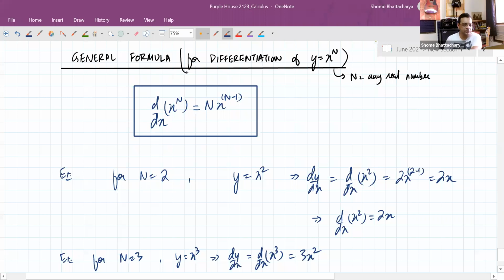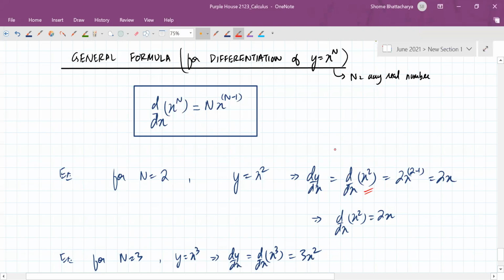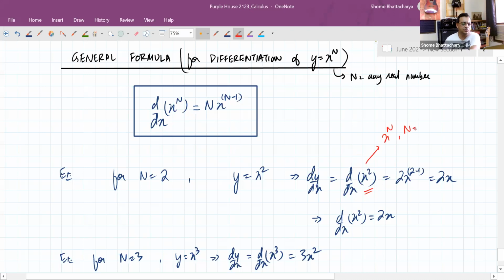From y equal to x square, dy by dx is the differentiation of the function x square. Now x square, if you compare it with the general formula, it is x to the power 2. In the general formula, what is the power of x? It is n. So this term is x to the power n, where n is equal to 2. So that's what's happening over here.